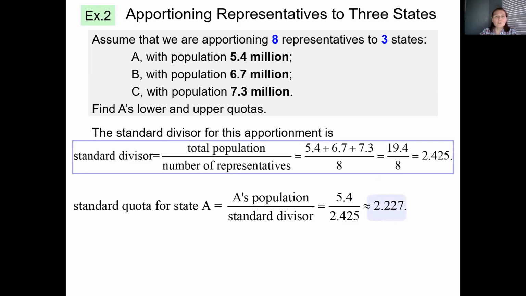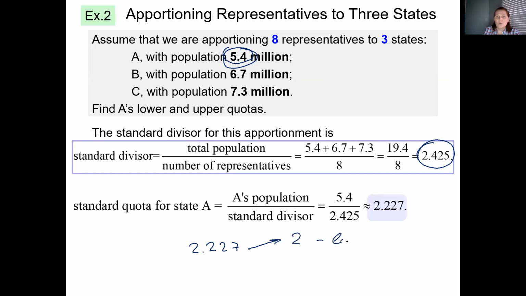Then we find the standard quota for state A. The population of A, 5.4 million, divided by the standard divisor, 2.425, is approximately 2.227. If we round it down, we get 2.